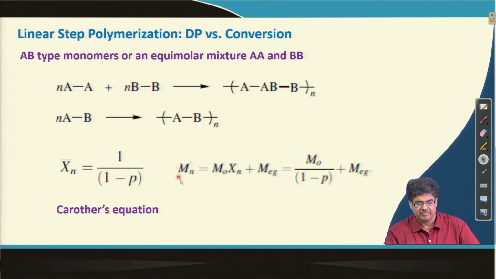The molecular weight Mn is given by M0, the average molecular weight of the structural unit, times the degree of polymerization, plus the molecular weight of the end group. So, M0 over 1 minus P plus the molecular weight of the end group.